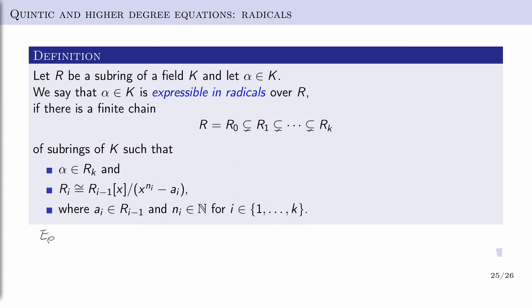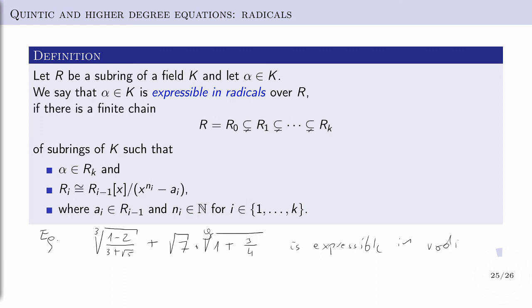So, for example, something like the cubic root of 1 minus 2 over 3 plus the square root of 5 plus, let's say, the square root of 7 times the 9th root of 1 plus 3 over, let's say, 4 is expressible in radicals, because in this formula we have only finitely many sums, differences, products, divisions, and roots of any degree.